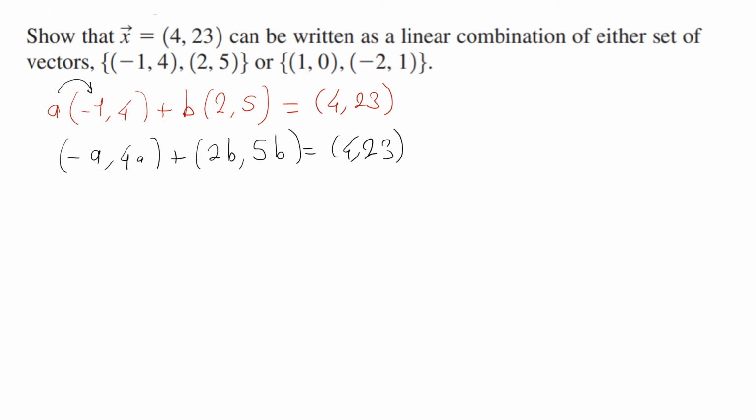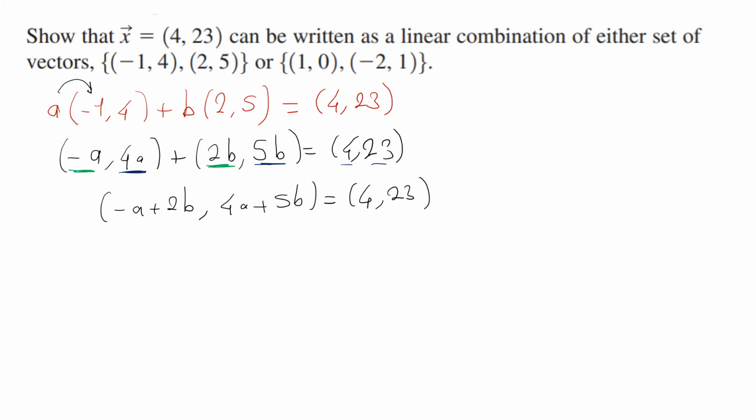Now all I need to do in order to add these is add the x values together and add my y values together to get x and y format. So when I do that, I'm going to get -a plus 2b, and for my y values, I'm going to get 4a plus 5b. And this will equal my value (4, 23).